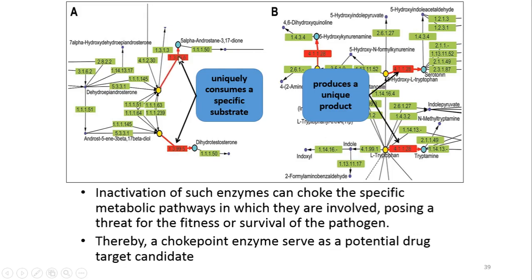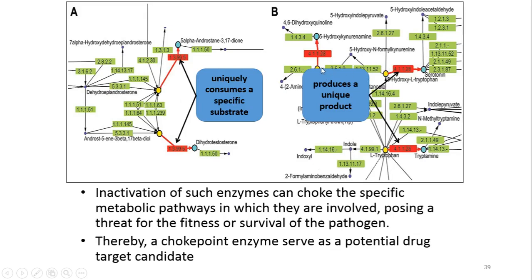This first reaction uniquely consumes a specific substrate. Well, this would eventually mean that this reaction is responsible for consuming a substrate that is produced by multiple metabolic pathways, or by multiple biochemical reactions that produce a single metabolite. Okay, and this single metabolite is further consumed by this enzyme, and in such a way it is called a choke point reaction.